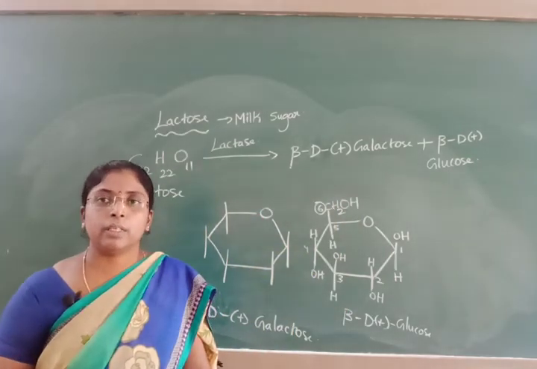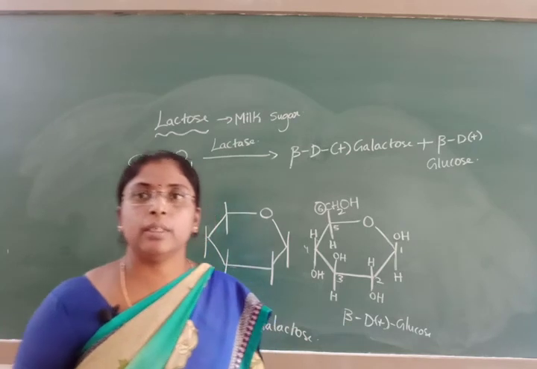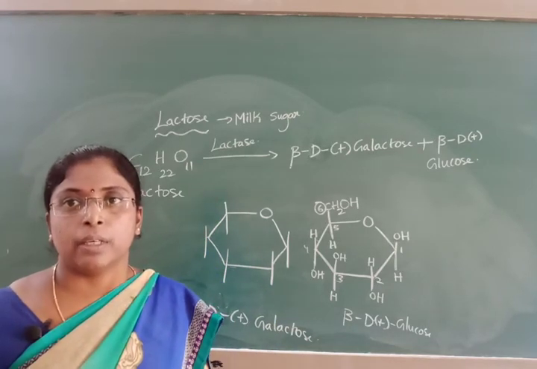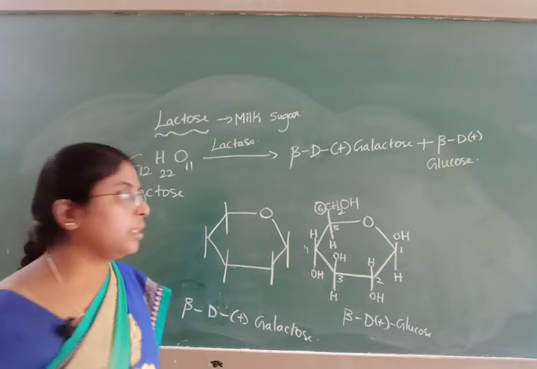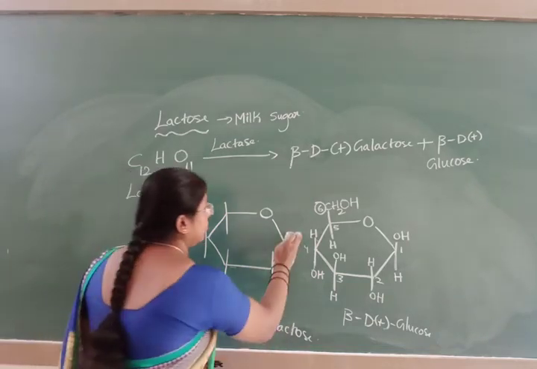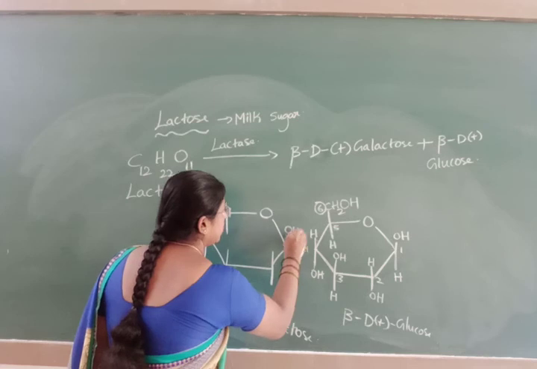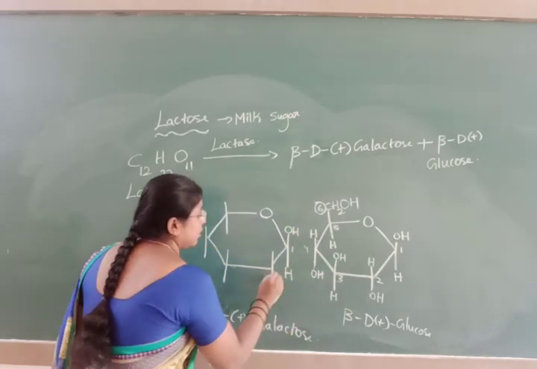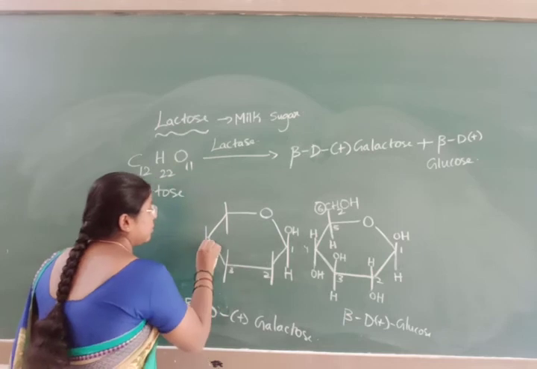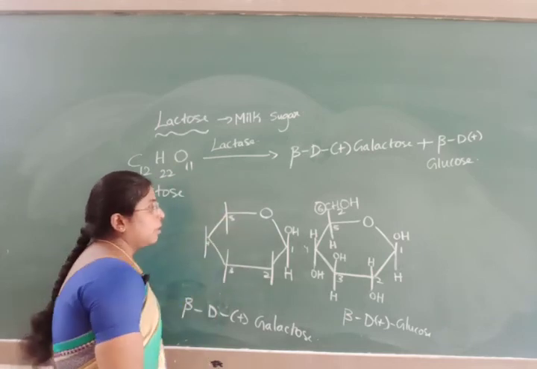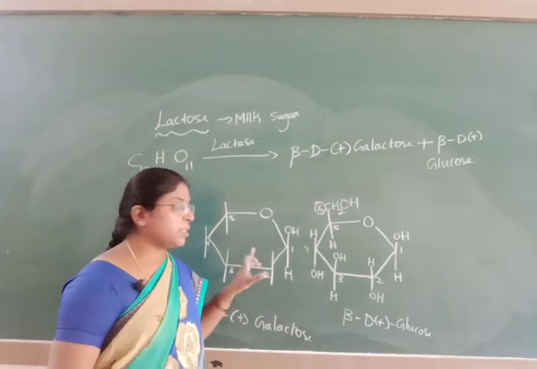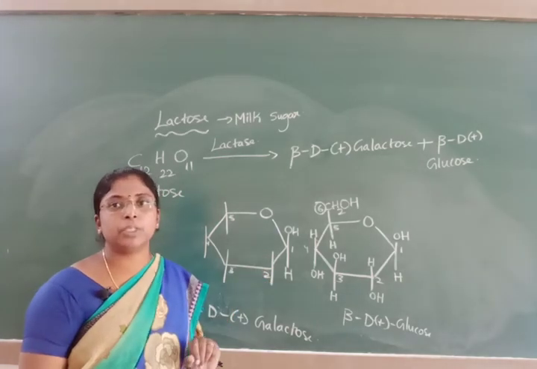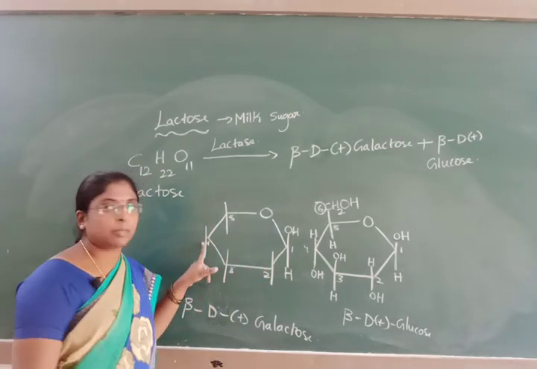But in the earlier class we have not studied the galactose. What was the structure for the galactose? If you write the beta D plus glucose, the same will be here. The first carbon is the same as that of beta D glucose, and 4, 5 will be exactly the same. Only there will be a change in the fourth carbon atom.